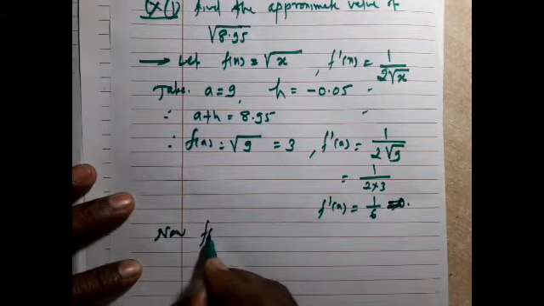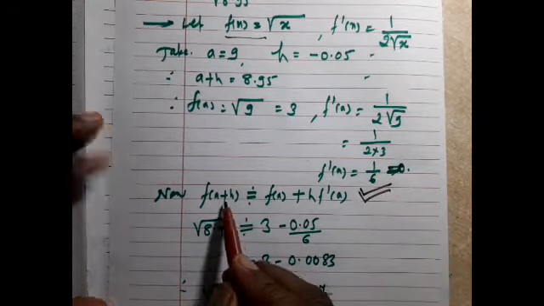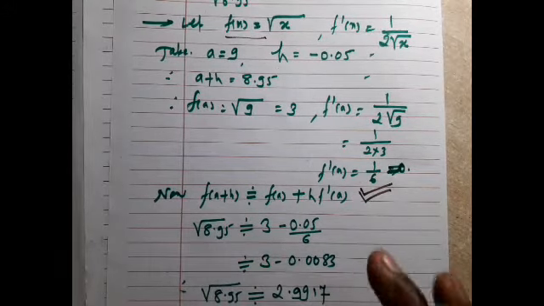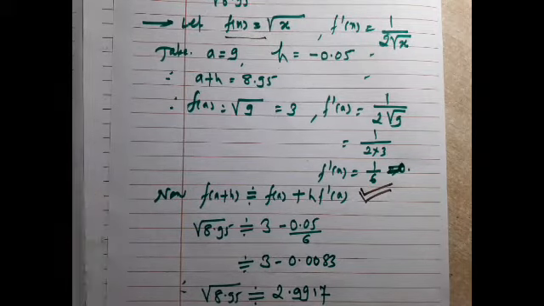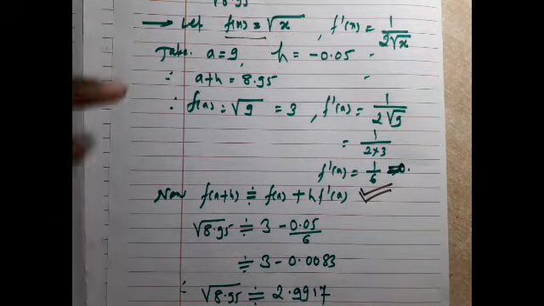So it is very interesting that if the given function is f(x), then according to the formula, if you remember it, finding a and h is your skill, so that a plus h should be the given number.